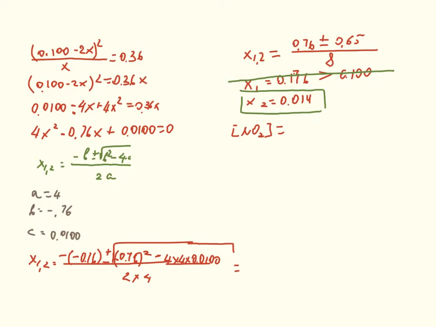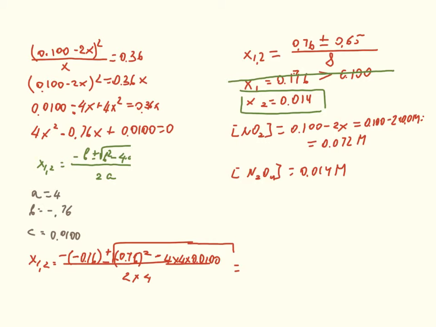The equilibrium concentration is going to be 0.100 minus 2x, which is 0.100 minus 2 times 0.014, and it equals 0.072 molar.